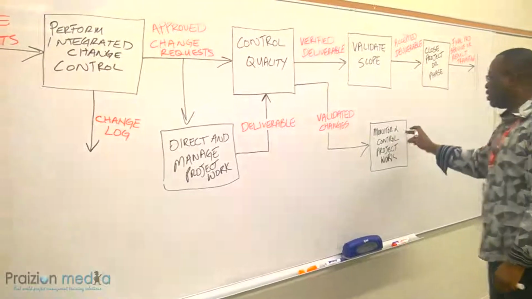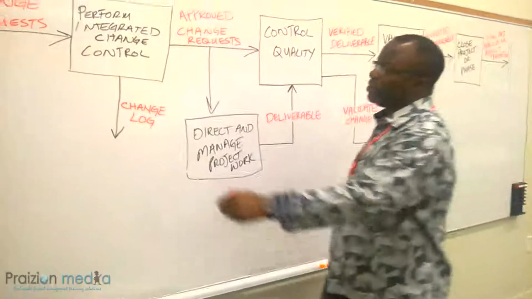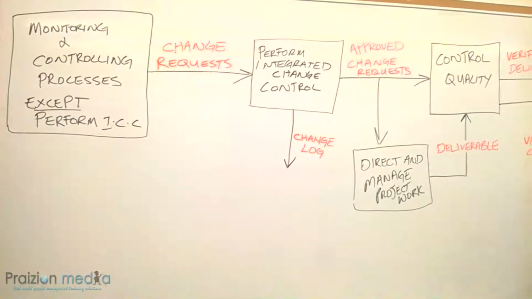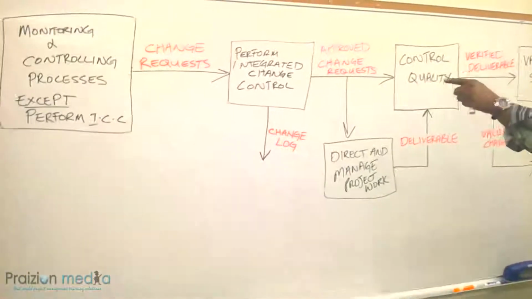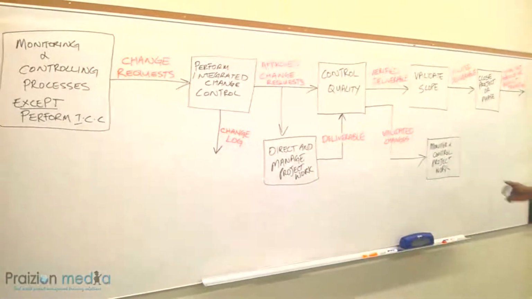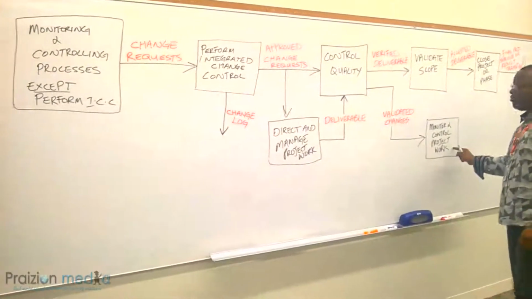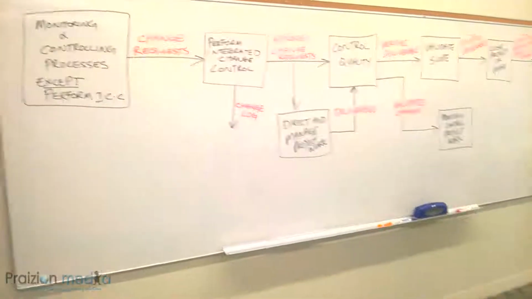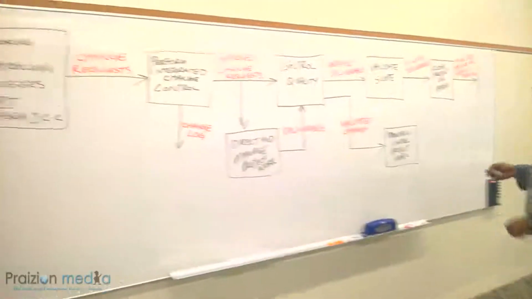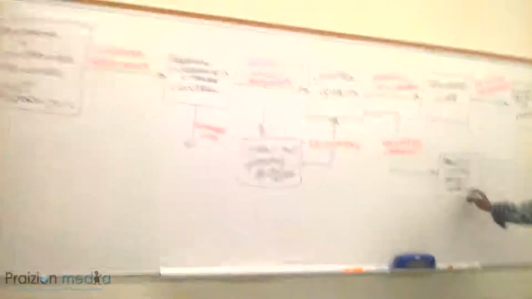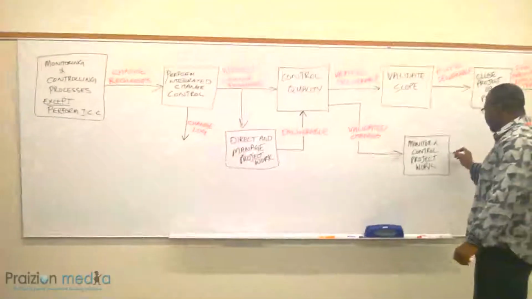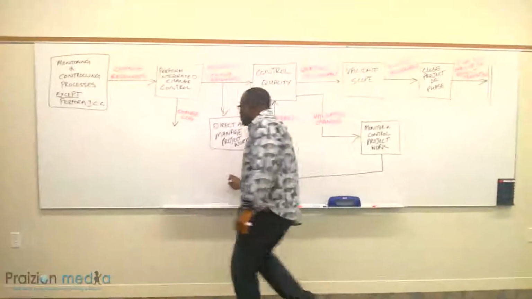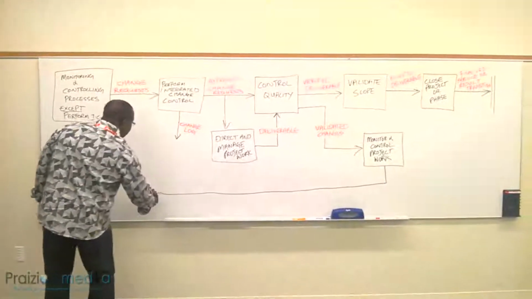Now remember, monitor and control project work actually belongs to these monitoring and controlling processes over there. Okay, so we've got it here, but remember it's also included in there. With that in mind, you could get change requests that come from here and make the trip into perform integrated change control. There's also a very interesting relationship in that you have two things. So I'm going to draw a very long arrow going all the way from here, going this way, and going back in here.